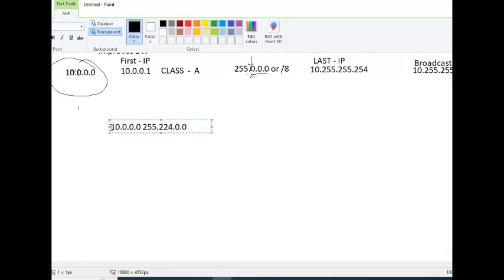The first IP will be 10.0.0.1, no change from above.